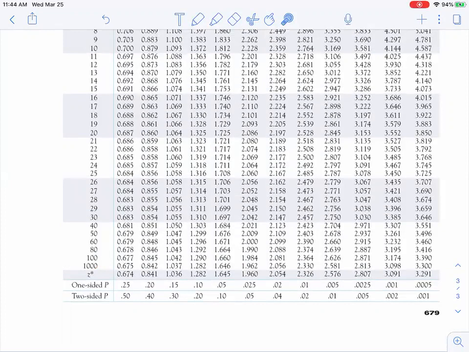But remember, the rule is that we always have to round down because otherwise you're assuming you have a larger sample size than you actually do. So you have to round down. That's why we say that we're using 100 degrees of freedom.